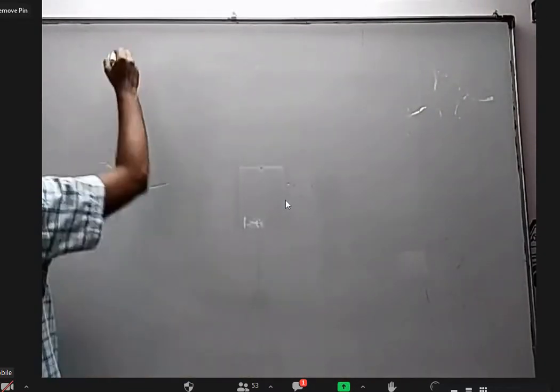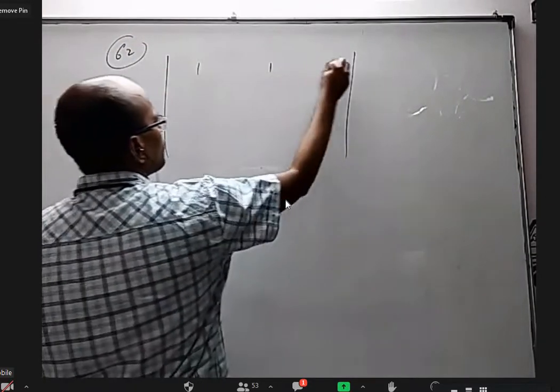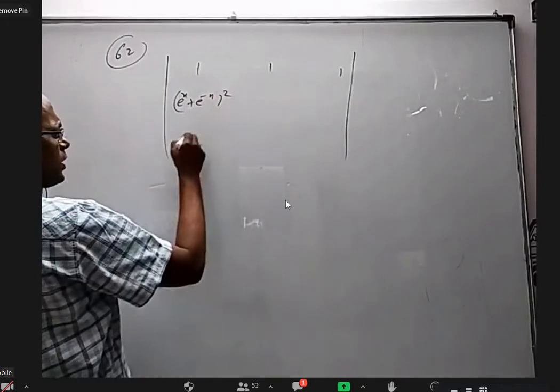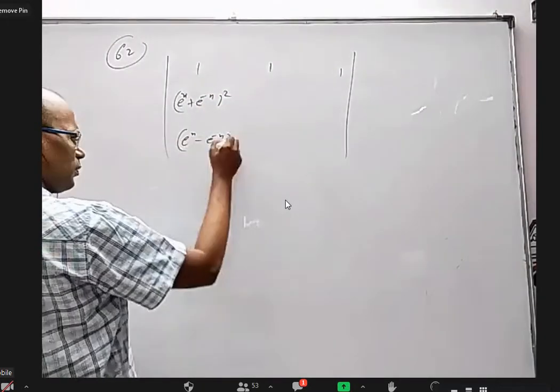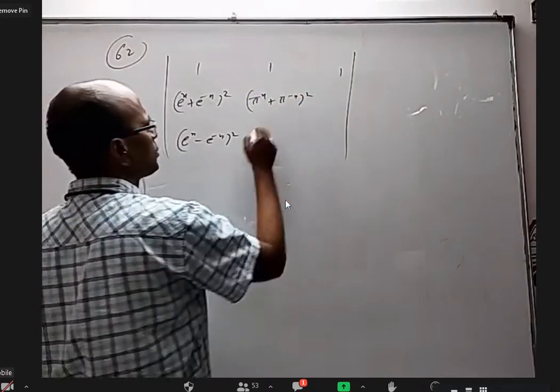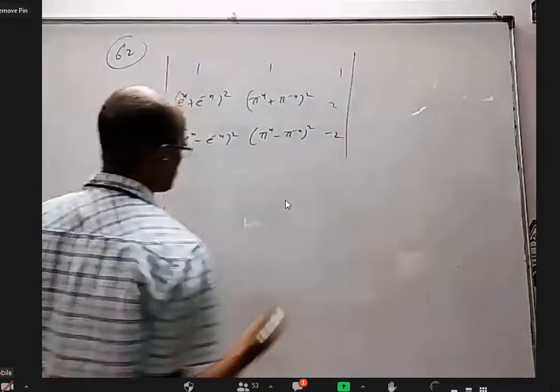So what was this, 62? 1, 1, 1. I think here e power x plus e power minus x whole square, e power x minus e power minus x whole square, pi power x plus pi power minus x whole square, and pi power x minus pi power minus x whole square, 2 minus minus 2.